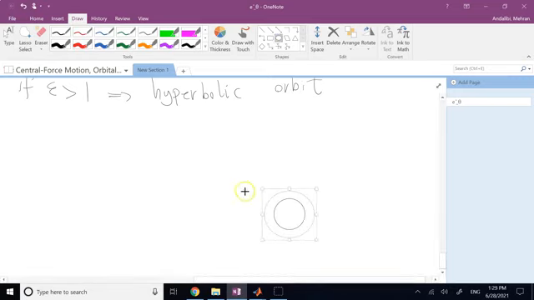Then we have the elliptic orbit. Then we have the parabola, and then we have the hyperbola. So this is my launch position, and this is the Earth.